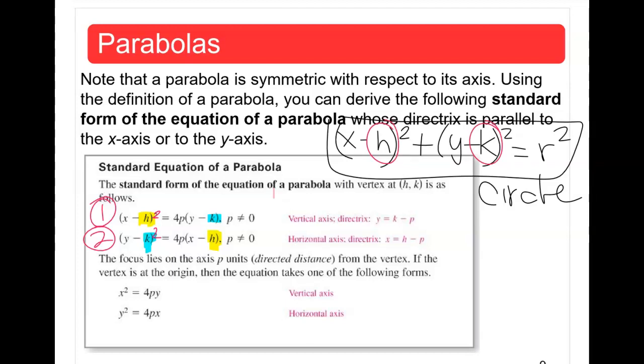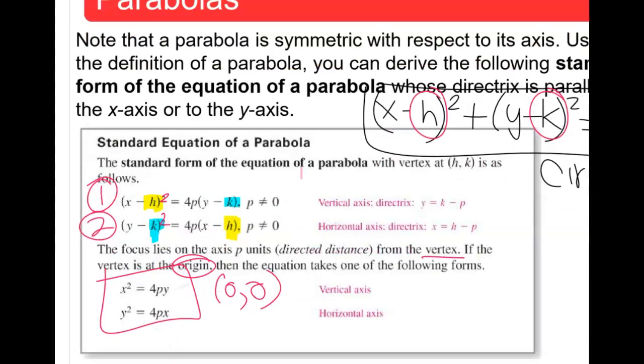If h and k are 0, like the case that you see here for these equations, that is because the vertex is at (0, 0), at the origin, as you can see written here. So that's why we only have x squared equals, and then you could see your y. And we have a new letter here.